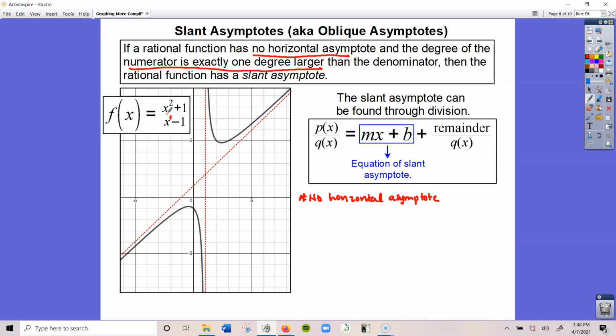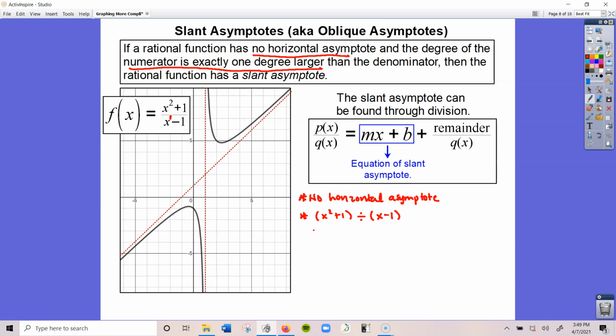And how we find the slant is through division. You can choose to divide x squared plus 1 by x minus 1, either using long division or synthetic division. However, synthetic division is usually easier. So we are doing x squared plus 1 divided by x minus 1.